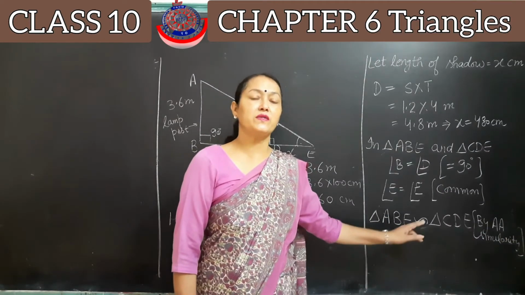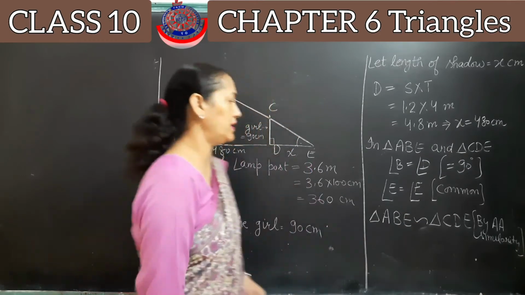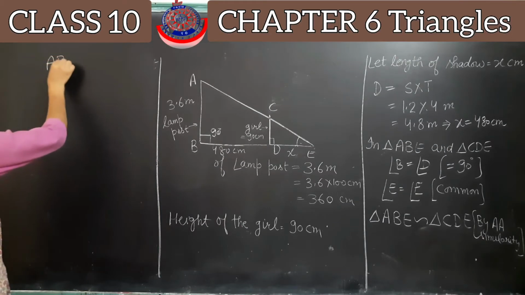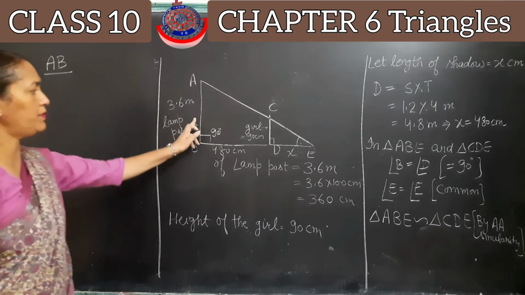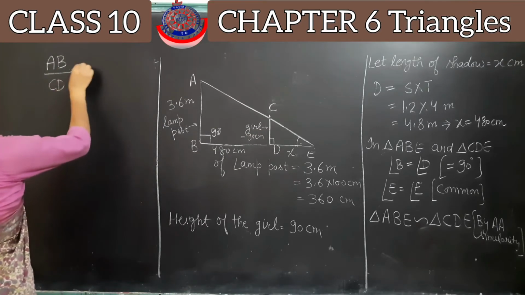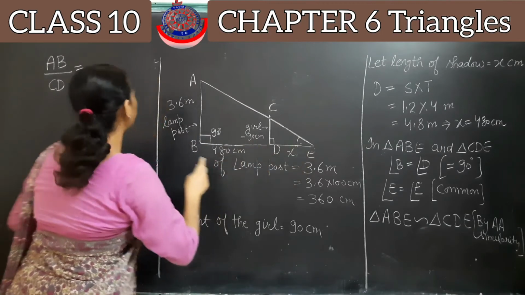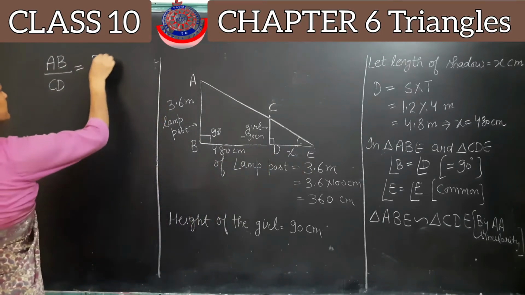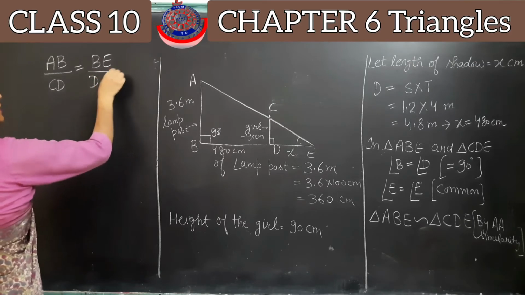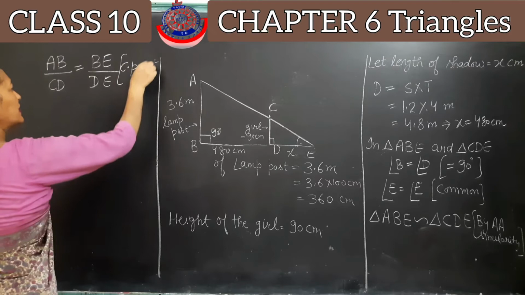After proving the similarity of the triangles, we can write that AB upon CD is same as BE upon DE, using corresponding parts of similar triangles.